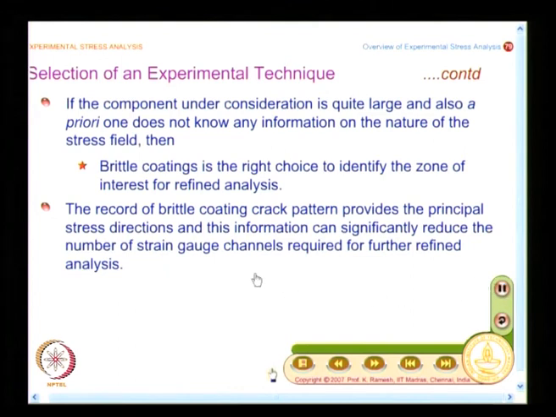And there is also another advantage. The record of brittle coating crack pattern provides the principal stress directions, and this information can significantly reduce the number of strain gauge channels required for further refined analysis, and this is used in large structures.